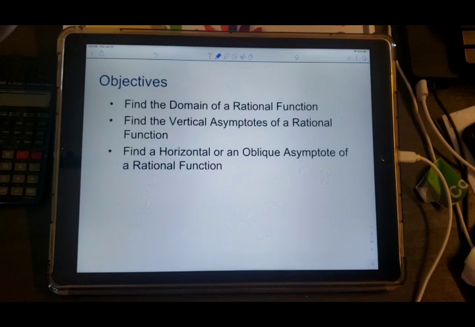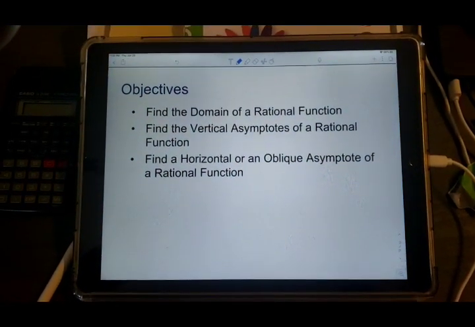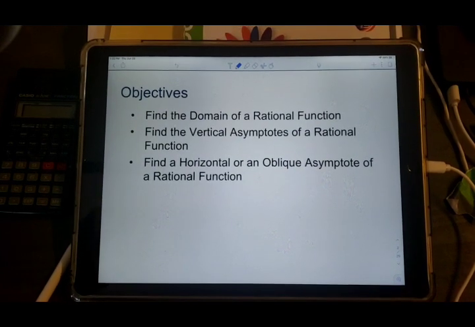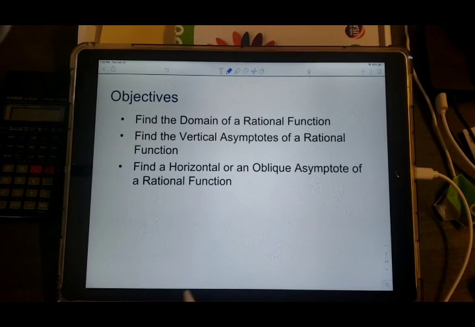The domain of a rational function is a little more interesting because it does involve, so I'm going to adjust the camera here, it does involve division, so there's something we need to think about here. So domain of a rational function, vertical asymptotes of a rational function.